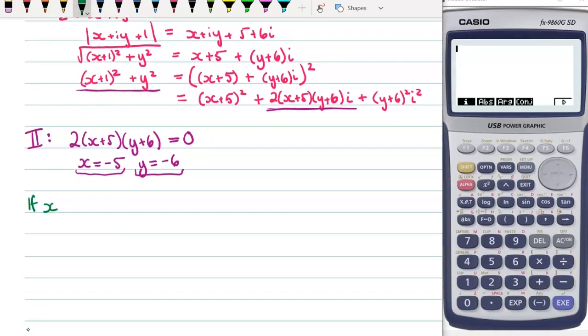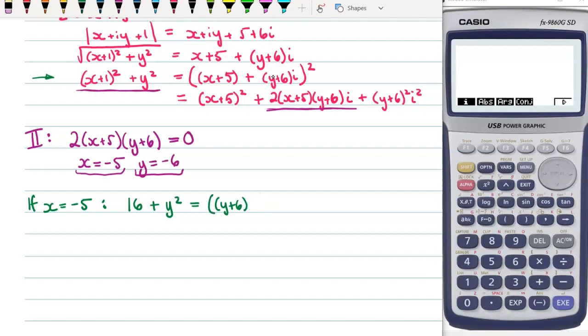So if x equals -5, looking at this line here, we would have x plus 1 is 6, or no, wait, it's a -5. So -5 plus 1 is -4, and then square it, we get 16 plus y squared is equal to, well, -5 in here, plus 5 is 0, so we'll just have y plus 6i squared.